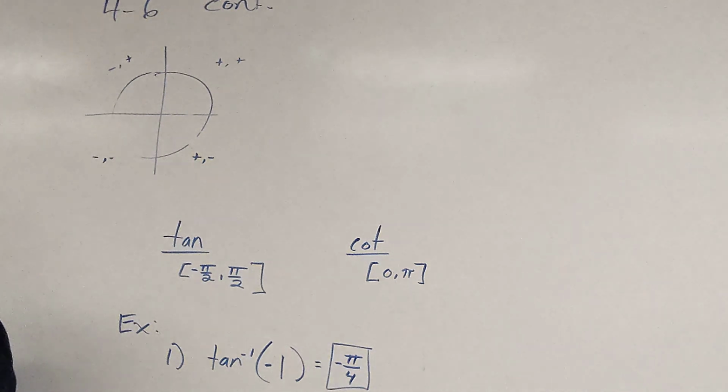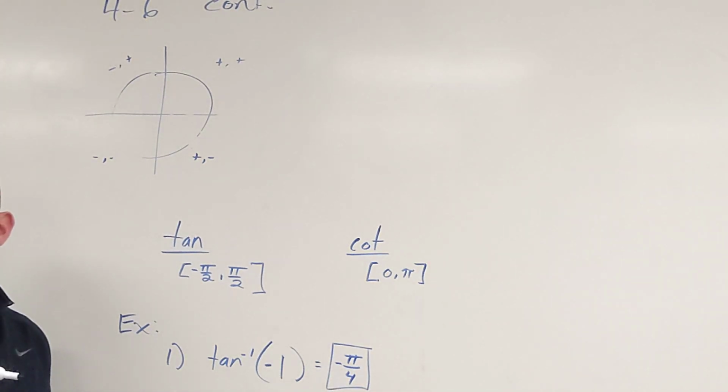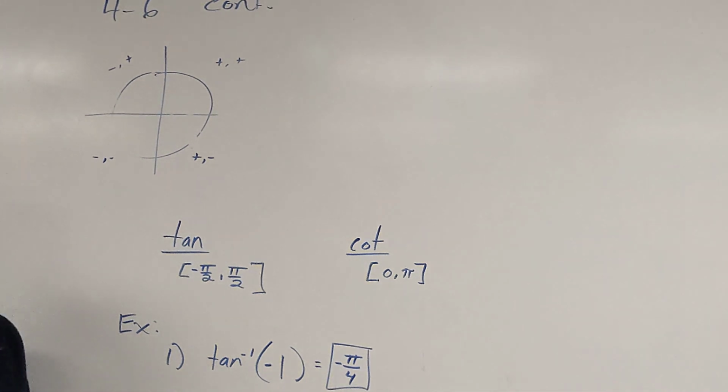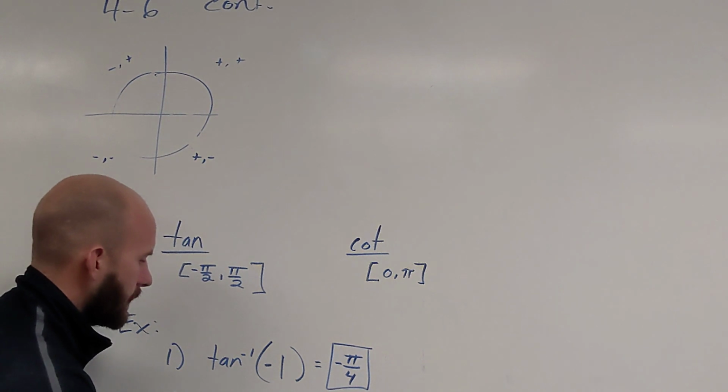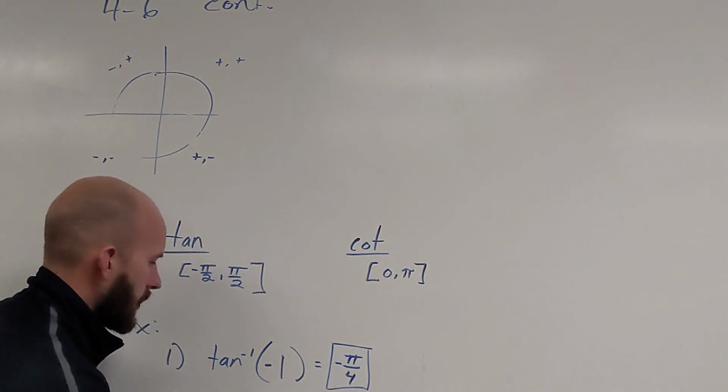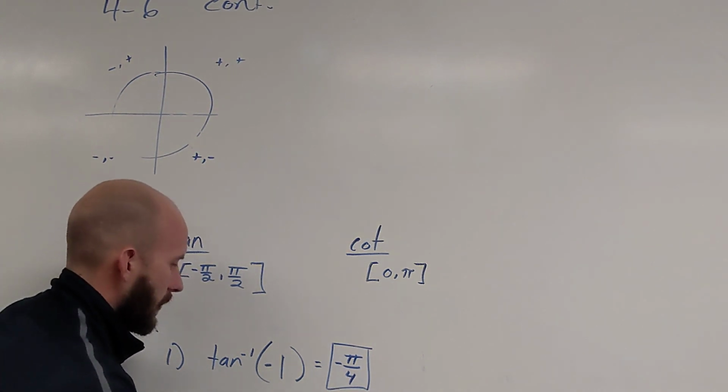In the earlier examples, we already did tangent inverse of square root of 3 over 3. So let's do tangent inverse of negative square root of 3.